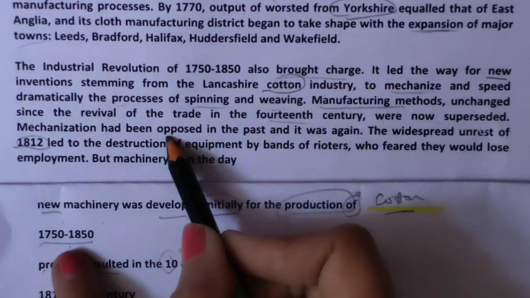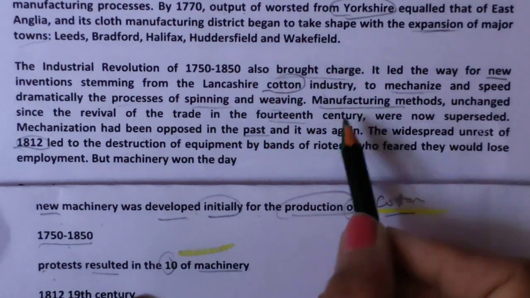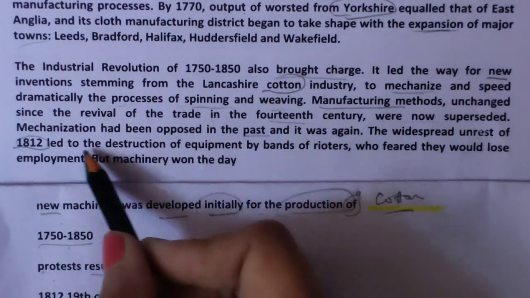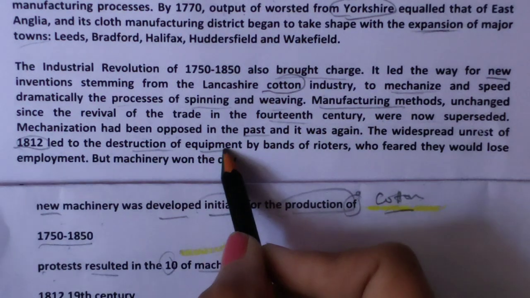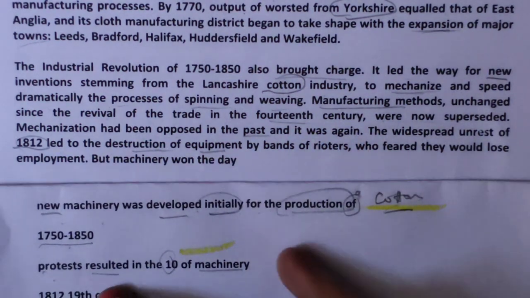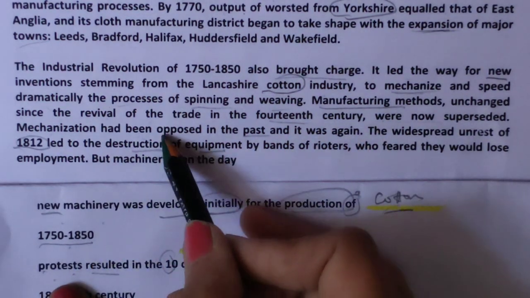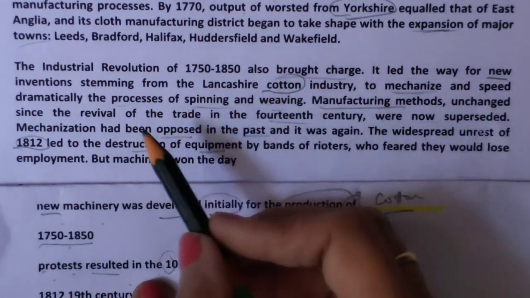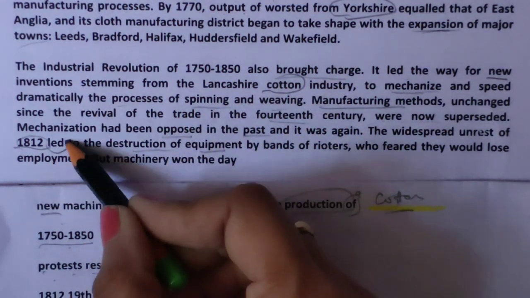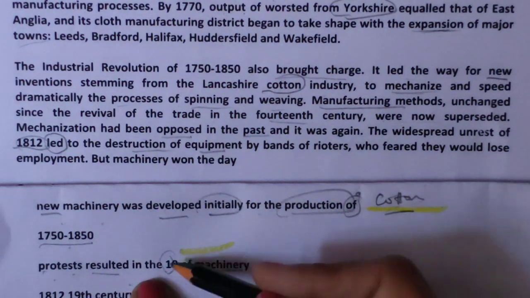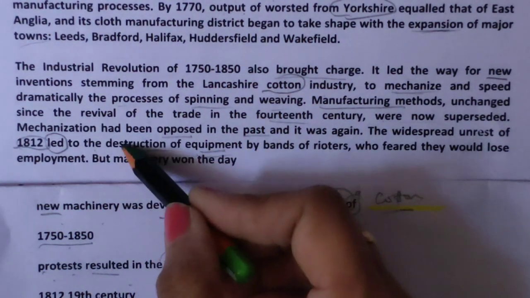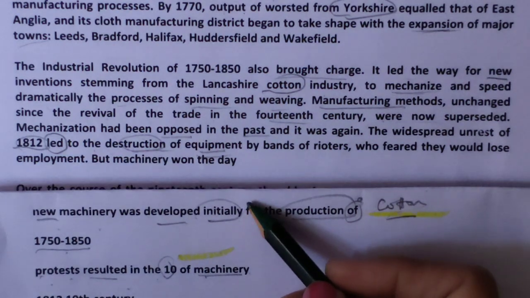Mechanization has been opposed in the past, and it was again the widespread unrest of 1812 led to the destruction of equipment. So here we are looking for protest. Resulted means led to the destruction of machinery, means equipment. So we can write here destruction.